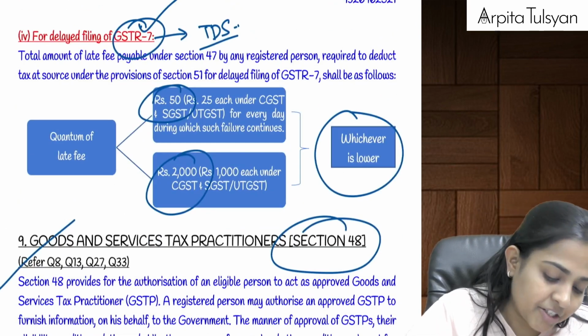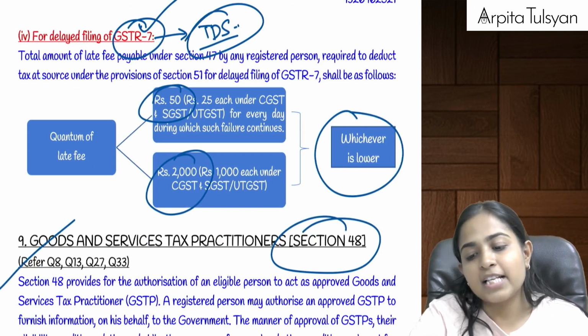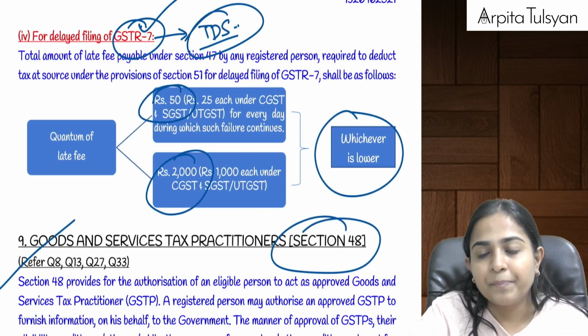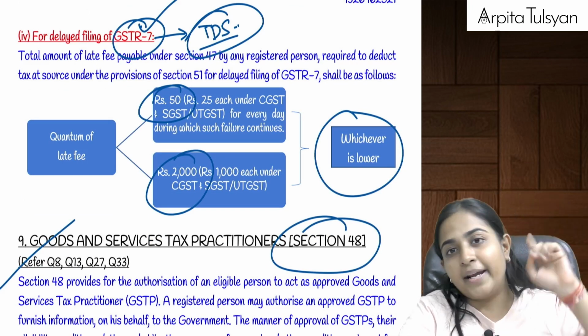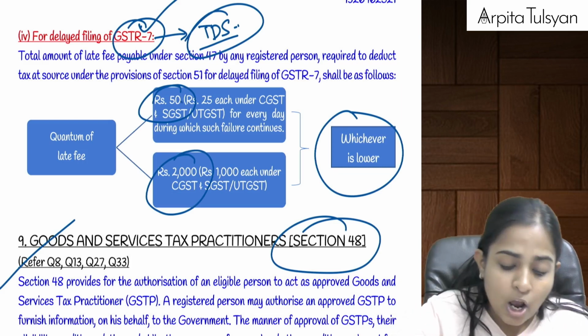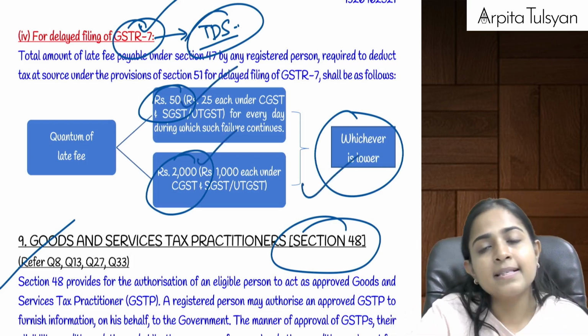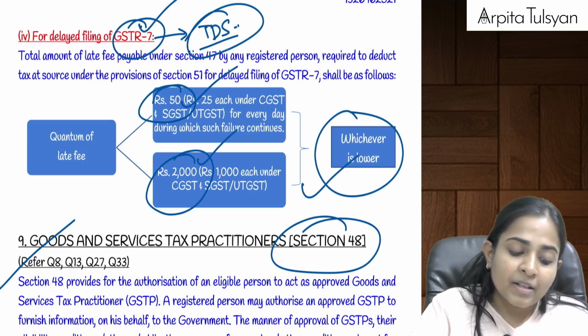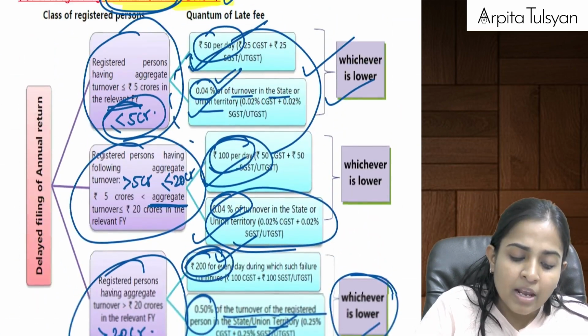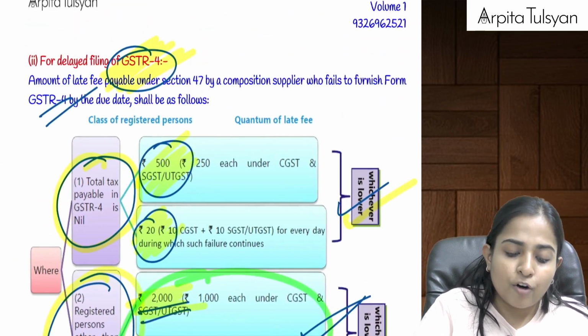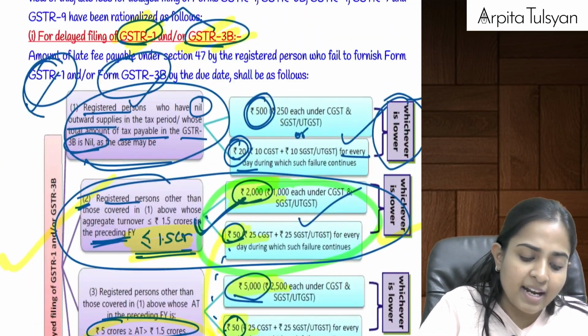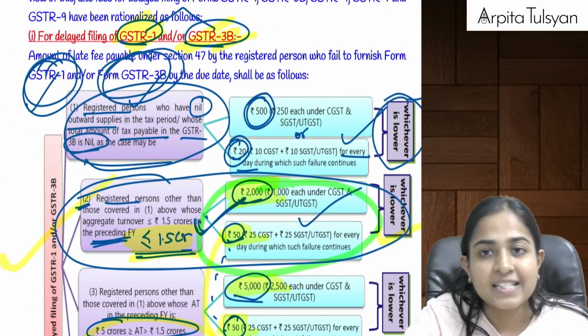Okay, and last, if the TDS deductor has failed to file GSTR 7, then in that case, normal penalty applies, 50 rupees per day or 2000, whichever is lower. Right? For GSTR 7, GSTR 9, GSTR 4, 1 and 3B, we have studied it specifically.